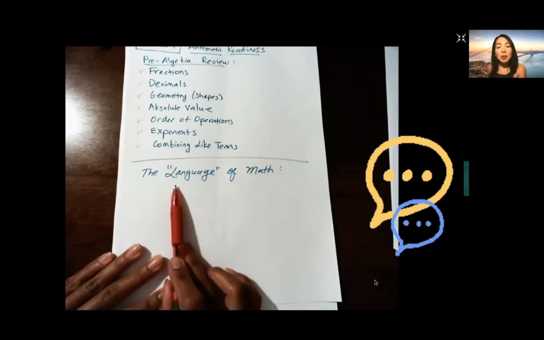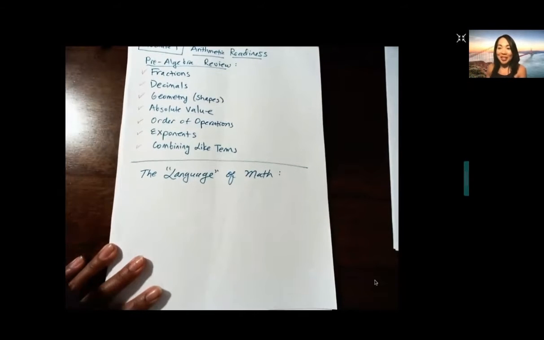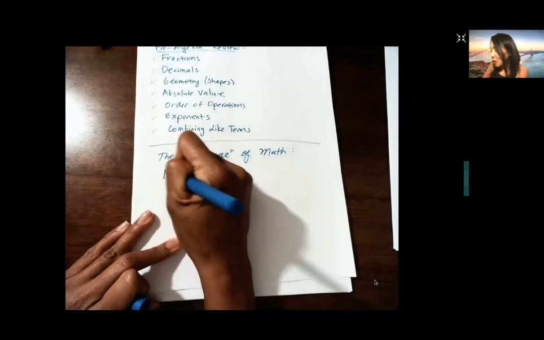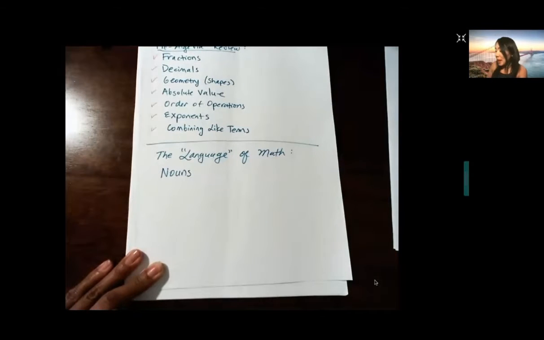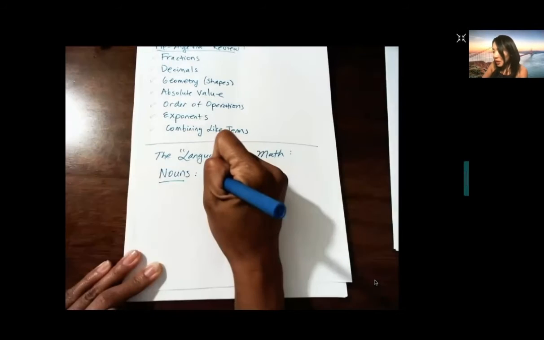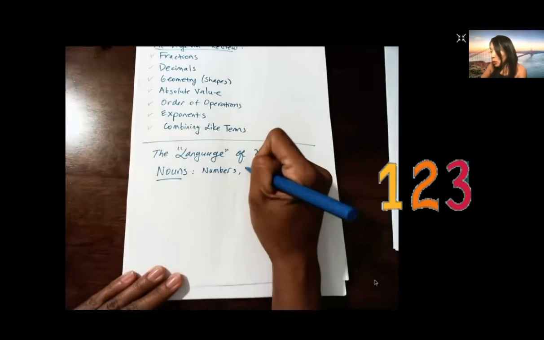When we talk about a language, one of the first things you learn is nouns. I have 2 kids, and the first thing they did when they learned how to speak was just to say nouns, words like mama, papa, milk, right? Simple nouns. In the language of math, there are also nouns. The nouns of mathematics are things like the numbers, including whole numbers.